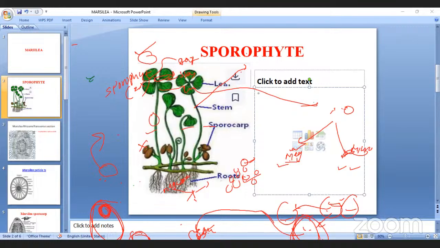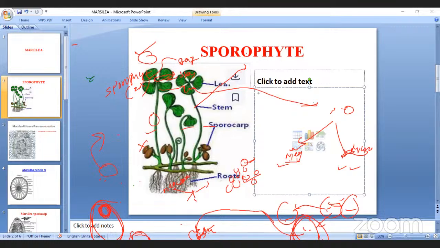In Marsilea, sporocarp, both internal structures, petiole and rhizome. All these together develop as stellar evolution. The stellar evolution is also important. My lectures clearly explain about the seed habit and heterospory. This is also very, very important. Seed habit and heterospory are also important. Right.